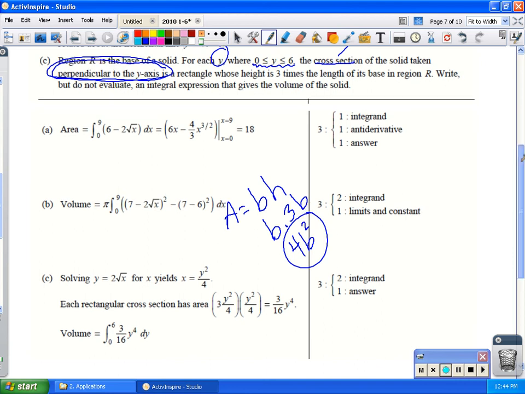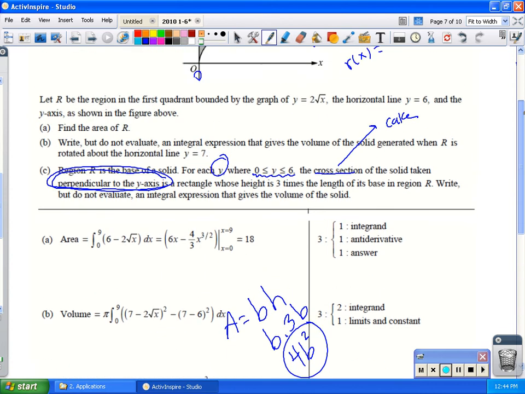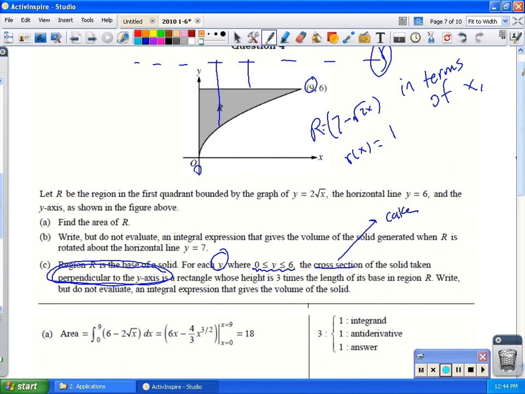Alright, now we have to figure out the length of a slice. So let's go back up to the diagram, and let me get rid of what's already here. Okay, a slice, since it's perpendicular to the y-axis, will be going in this direction. So that's going to be the distance from the y-axis to the curve.